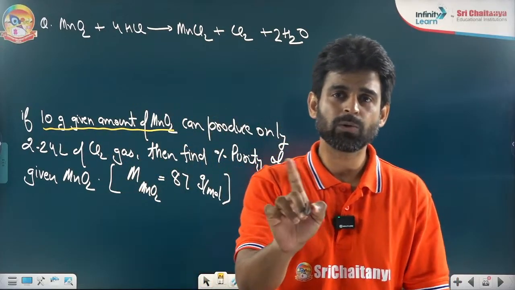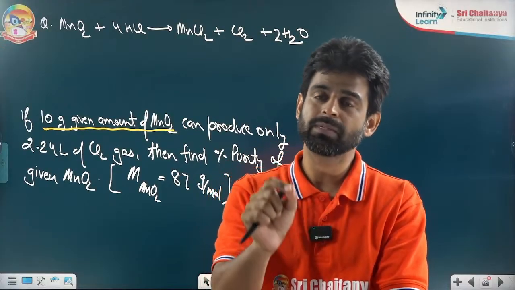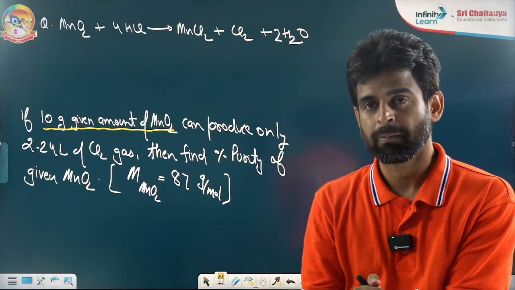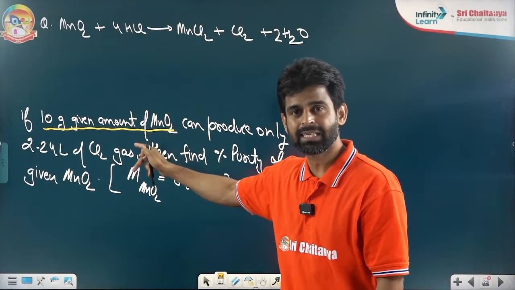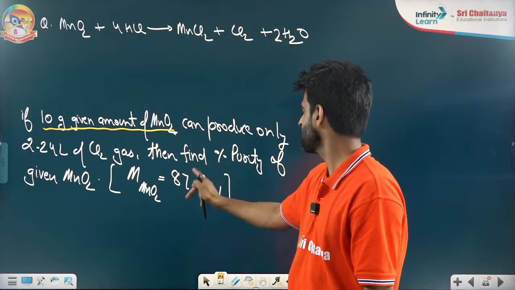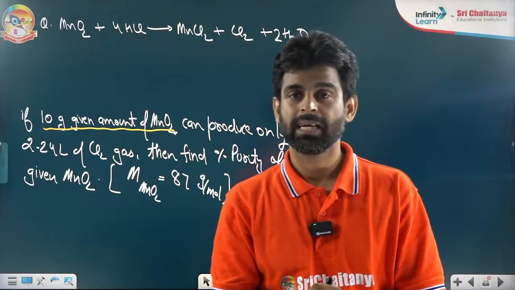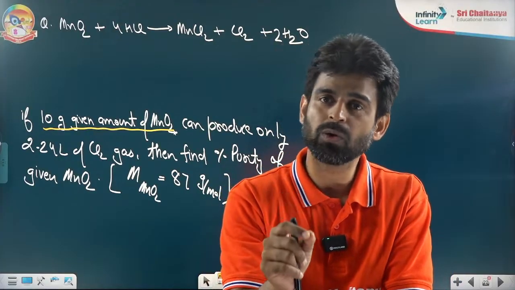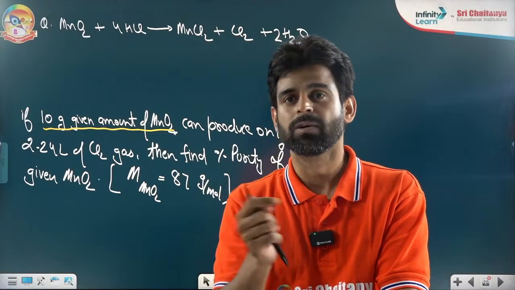In this 10 gram, some is the actual MnO2, some is the impurities. But whatever amount of MnO2 is present in this 10 gram, it will be able to produce 2.24 liter of which gas? Cl2 gas. And Cl2 gas can be produced only by the pure amount of what? MnO2. So we have to go the reverse way.